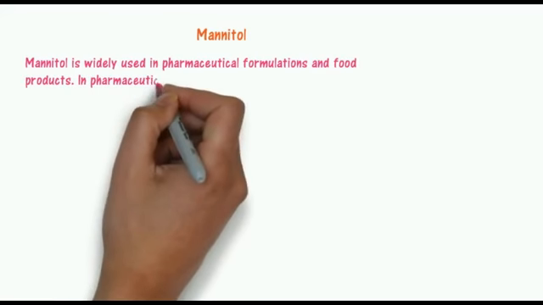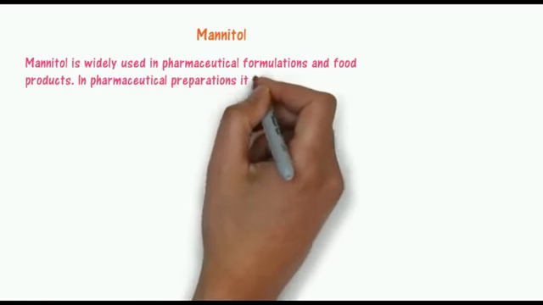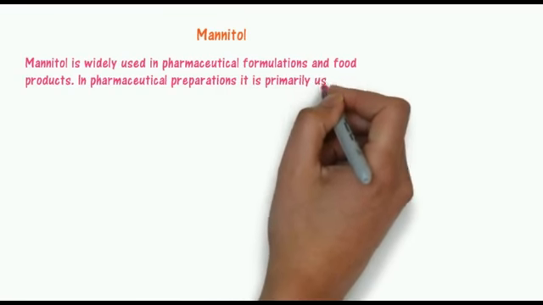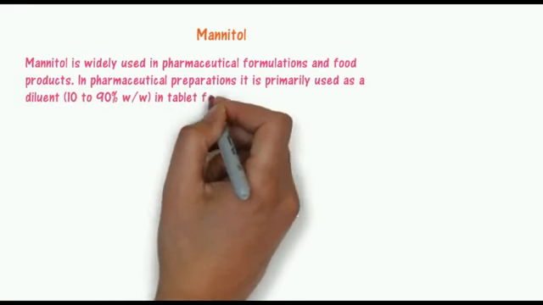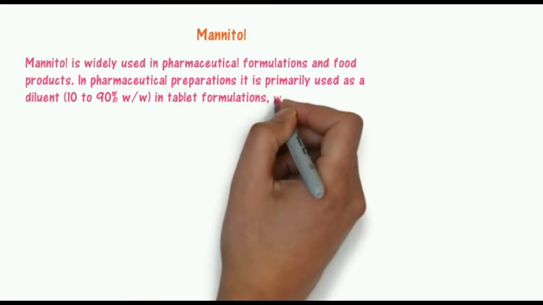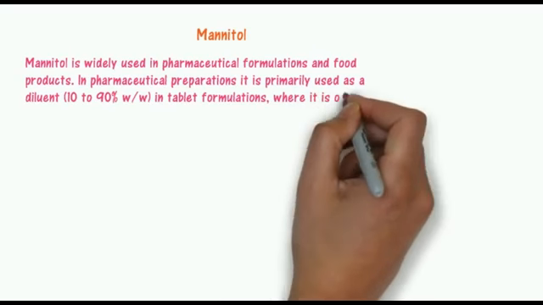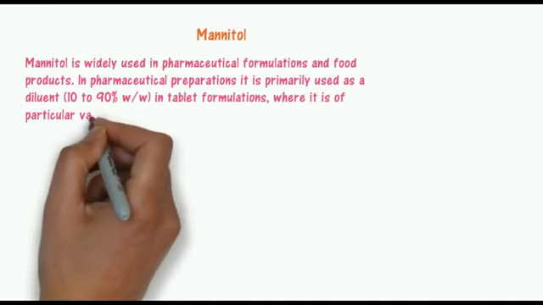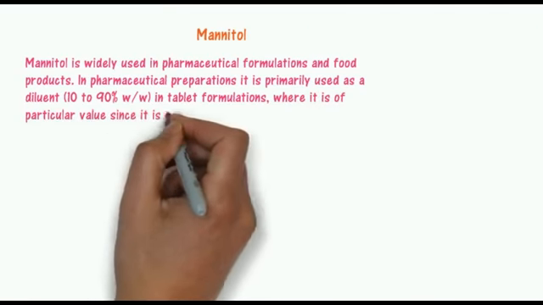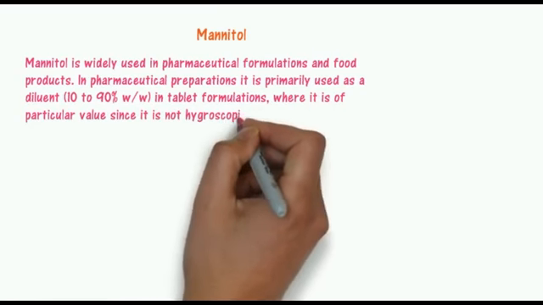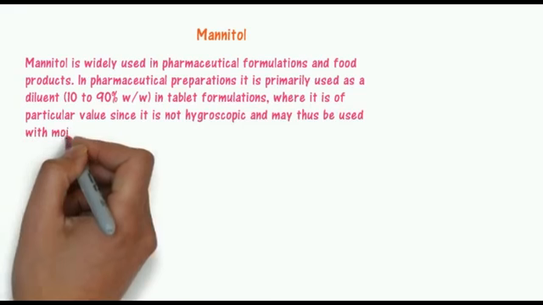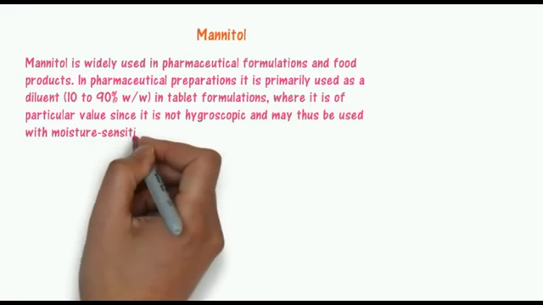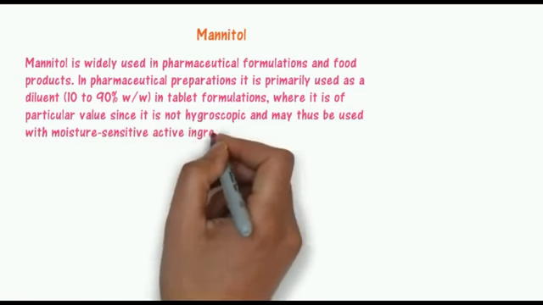In pharmaceutical preparation, it is primarily used as a diluent. 10 to 90% weight of a tablet formulation may be mannitol. It is of particular value since it is not hygroscopic and may thus be used with moisture sensitive active pharmaceutical ingredients.